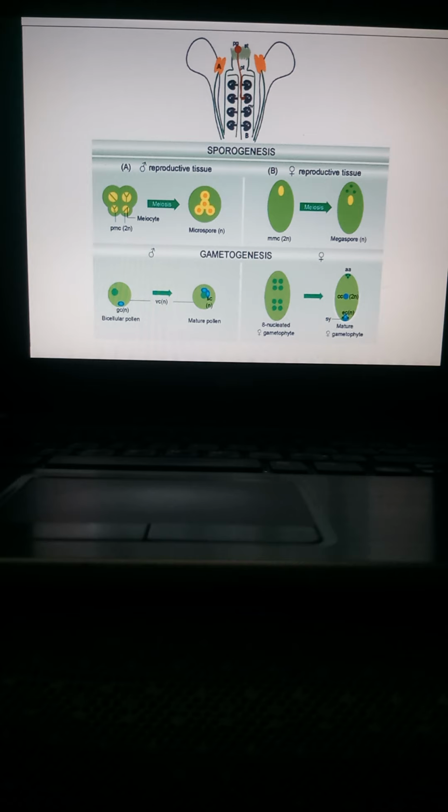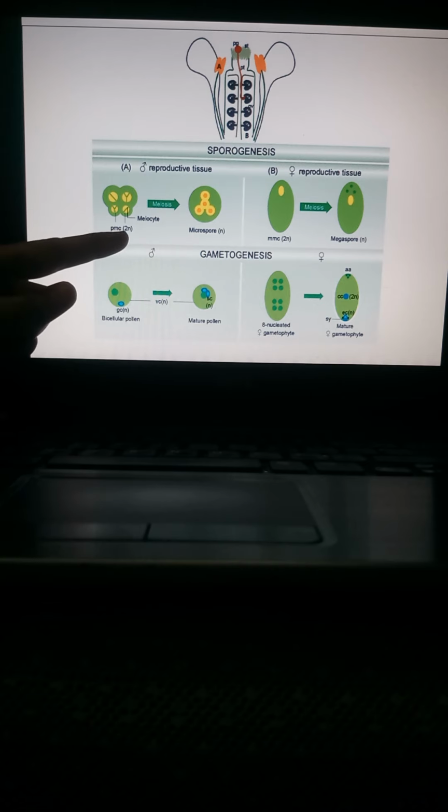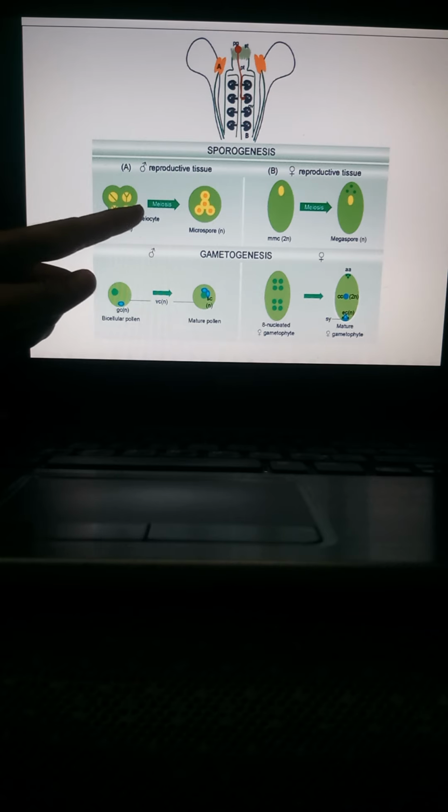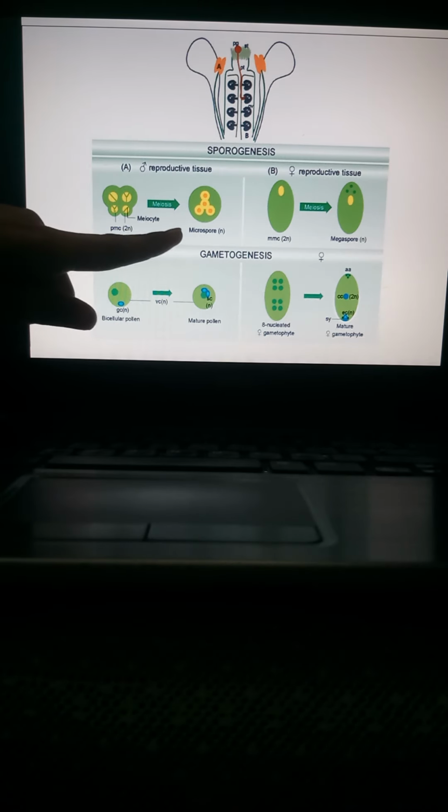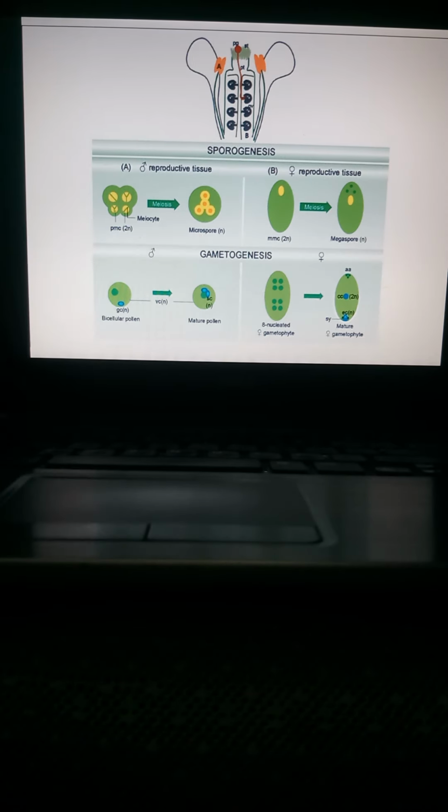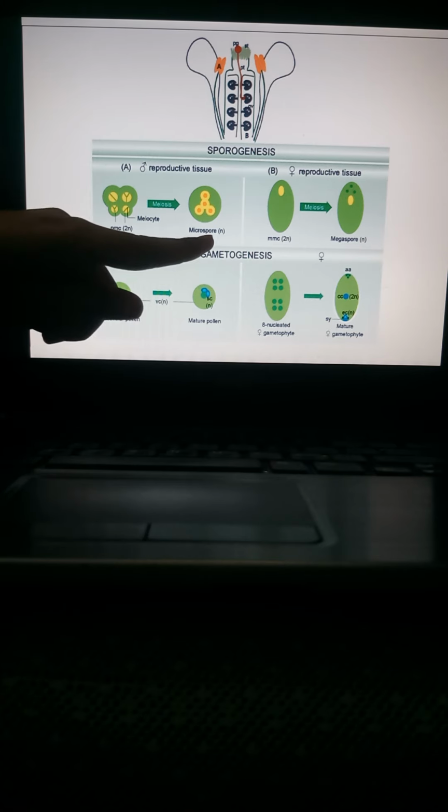Here I'm just trying to distinguish the two processes. First is sporogenesis and the second is gametogenesis. In the first process, that is sporogenesis, diploid pollen mother cells, in case of male reproductive tissue we are discussing, diploid pollen mother cells or meiocytes undergo meiotic divisions in order to give rise to microspores, which are haploid spores.